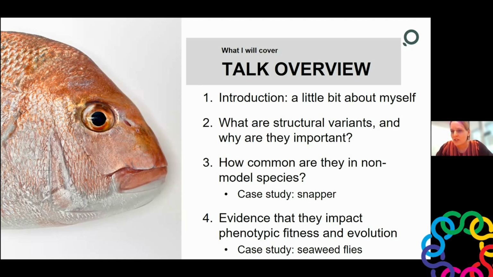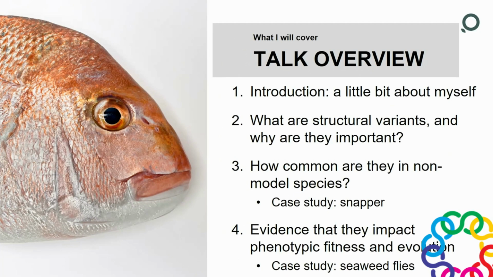And then I will dive into two case studies that I have been working on. The first is I'm going to use the Australasian snapper that many of you are familiar with, a native species in New Zealand, to look at the question, how common are structural genomic variants? And after that, I will use a different study system that I have been working on for a number of years. It's a bit of a less charismatic species.